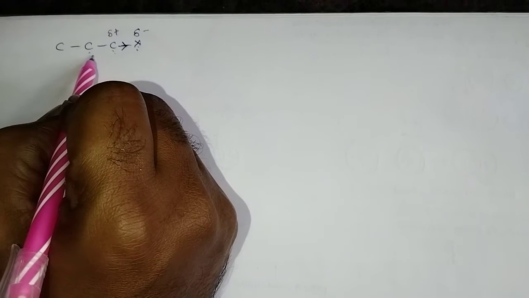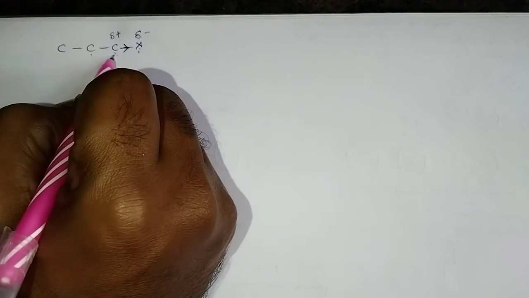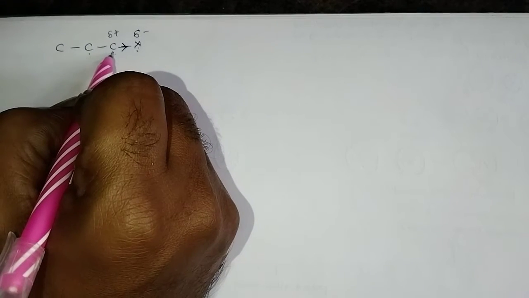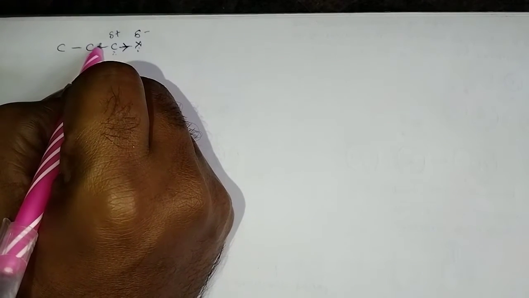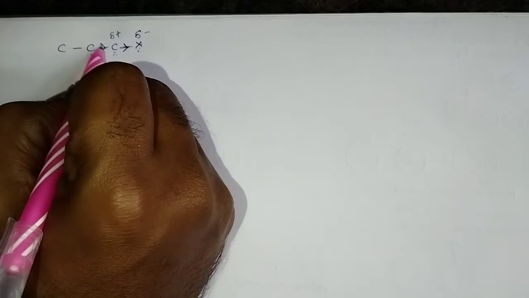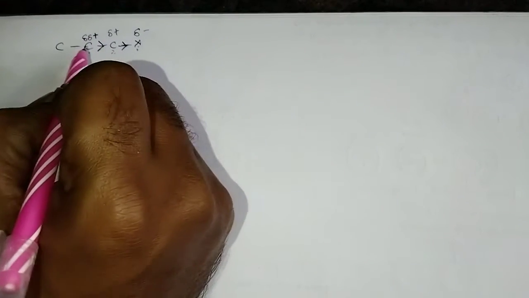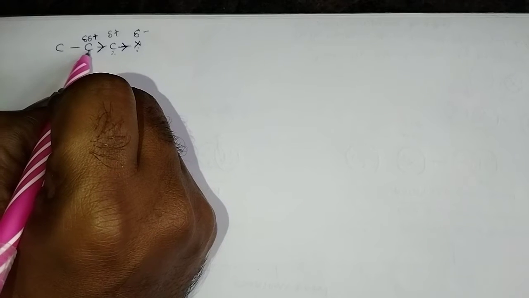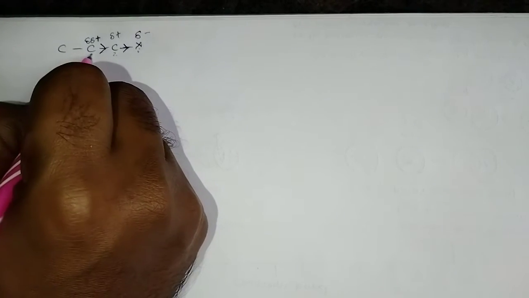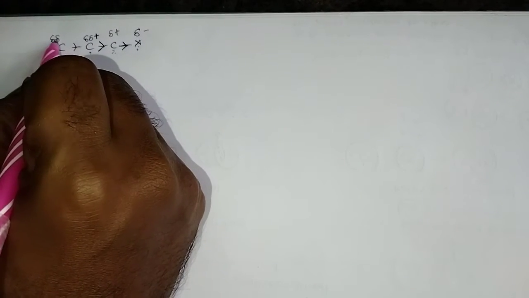Because this one has more electronegativity, it attracts the shared electrons towards itself, so it develops partial positive charge. In the same way, this atom gets partial negative charge, so it tries to pull the electron from this bond, and then it will get partial positive charge.